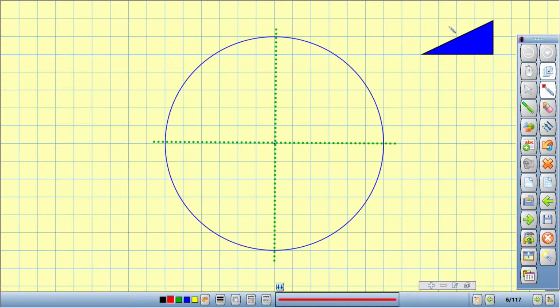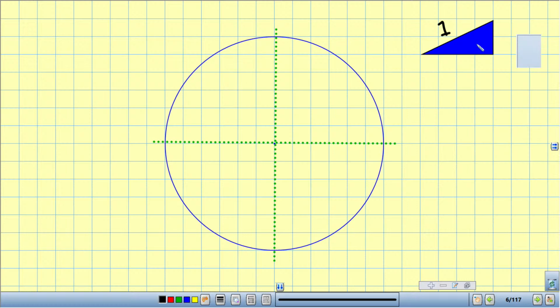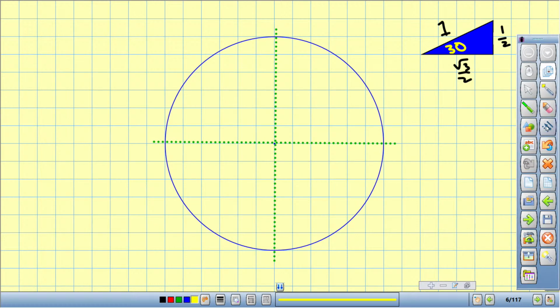And in the 30, you have 1. And then you have, remember, the short side is a half, and the longer is square root of 3 over 2. And this is 30 here. So basically, I have to cut my pi into 3 pieces.